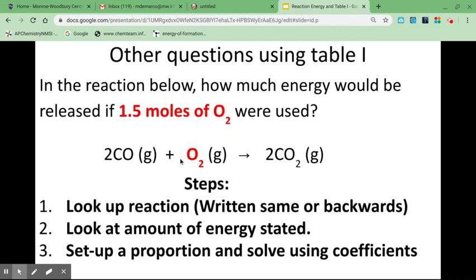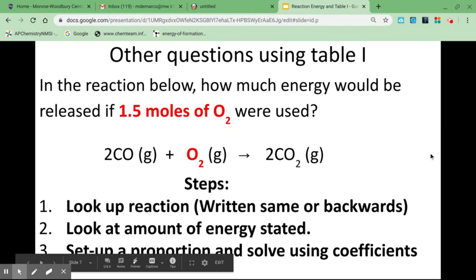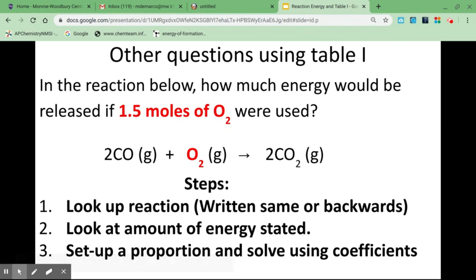Notice that this has a 1 in front, but the question's asking about 1.5. So when that happens, I have to set up a proportion and solve using my coefficients. It's similar to what we did in topic 3 with our mole-mole stoichiometry, but this time we're dealing with energy.